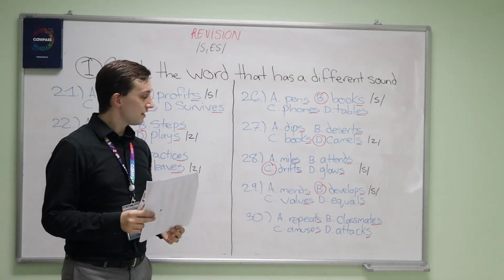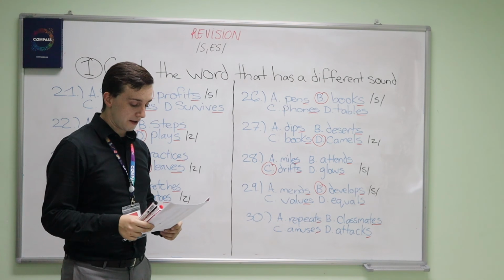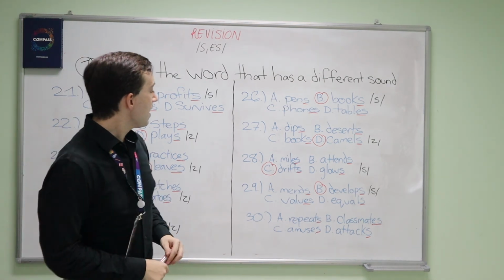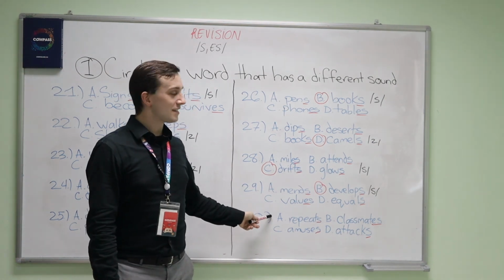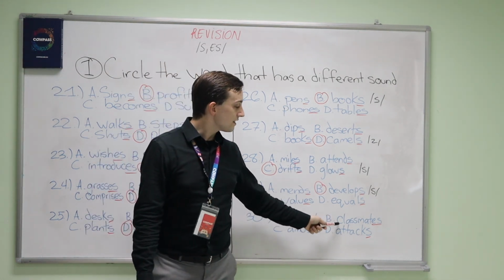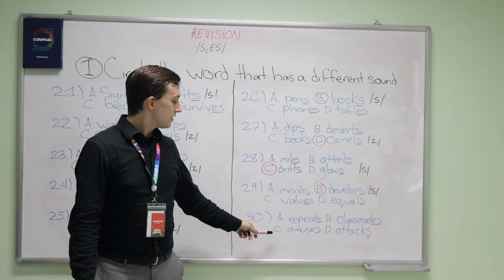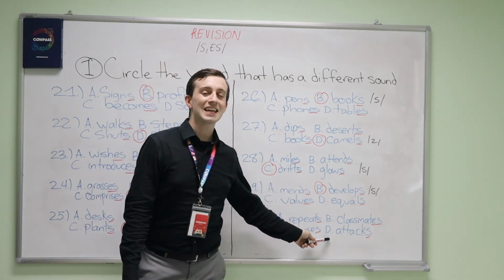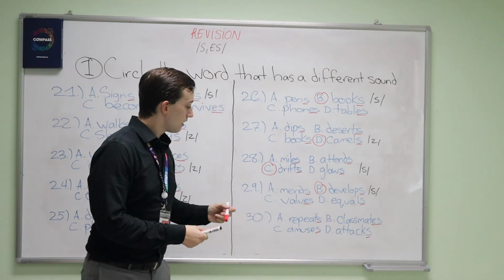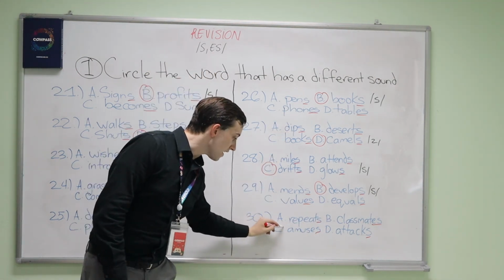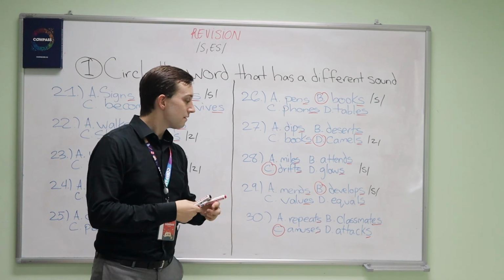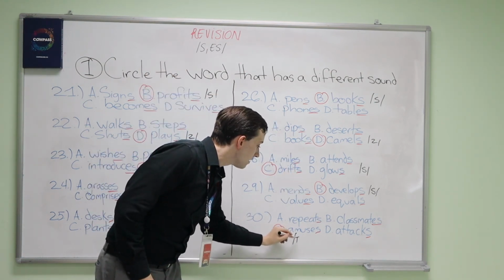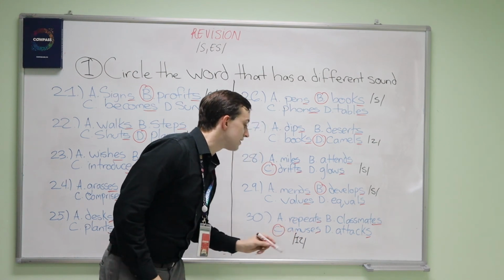And the last question is 30, number 30. Okay. A, the word is repeats. B, it's classmates. C, amuses. And D, attacks. The different word is C, amuses, because ES makes the sound is.